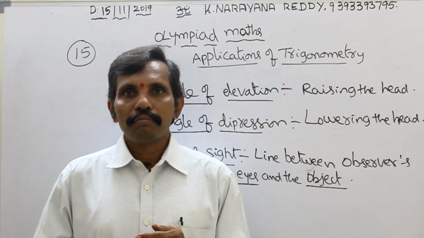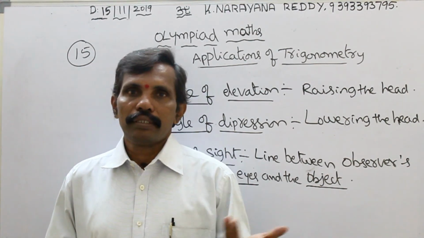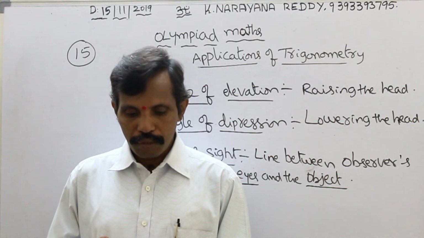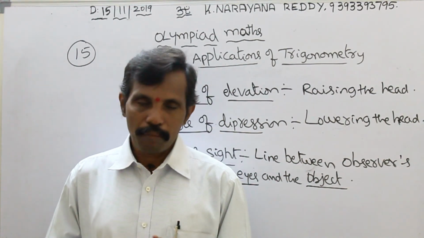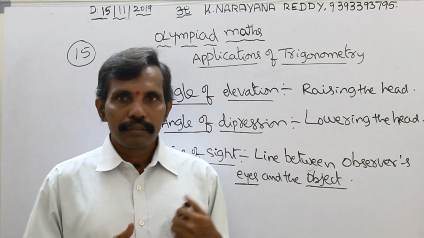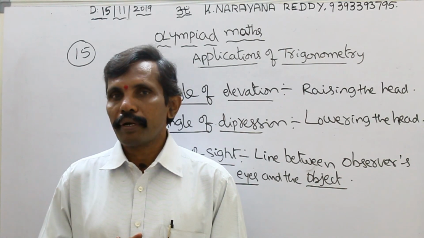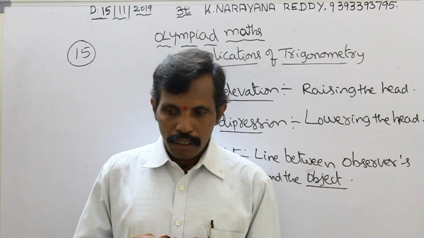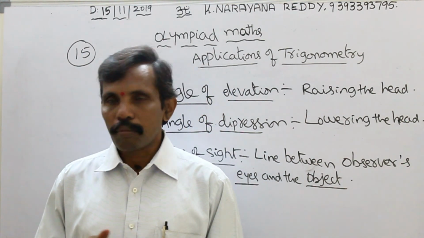I will take some important problems in the next class, depending on applications of trigonometry. So please observe this application of trigonometry. These are very important for 10th class students in Olympiad math and also in normal examinations.